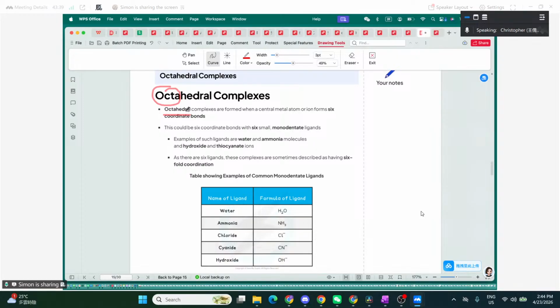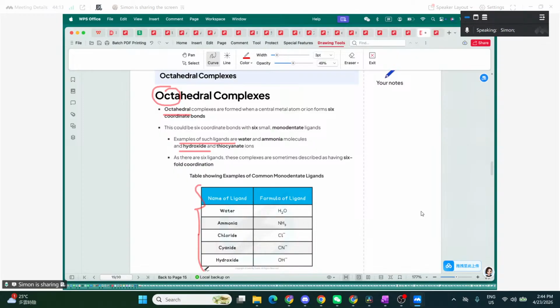Here's an example. Example ligands are water, ammonia molecule, and hydroxide. Look at the table. If there are six ligands, these complexes are described as having six coordination, right? No problem.